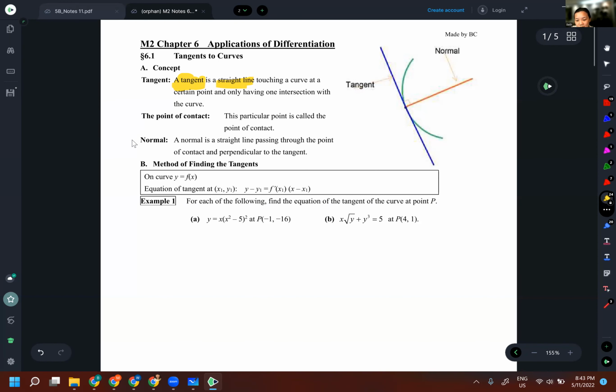Last one, the normal. We also mentioned normal, didn't we? I don't remember. Anyway, a normal is also a line that is passing through the point of contact, but perpendicular to the tangent. This line is called the normal of this point. Okay? Normal is a noun.